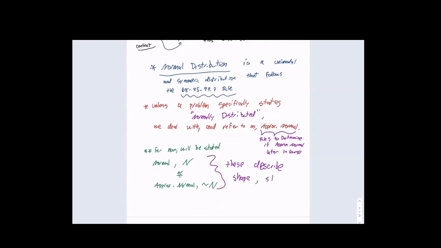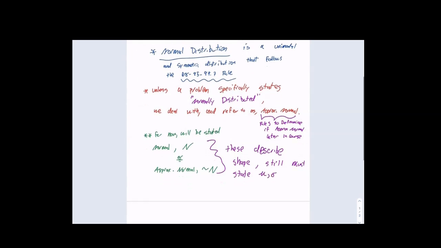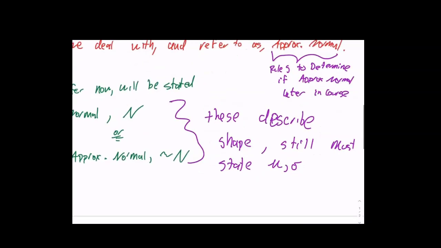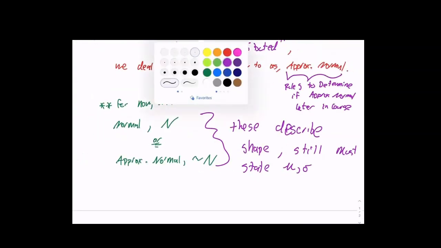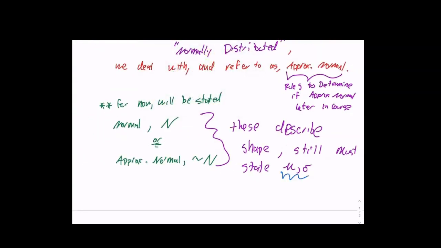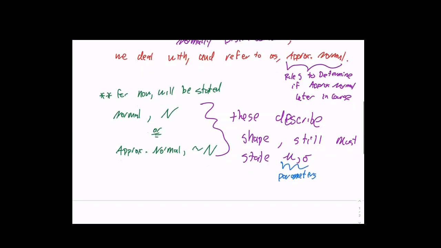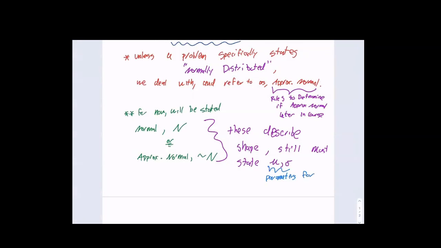You still must state the mean and standard deviation. We call the mean and standard deviation the parameters for the normal distribution.